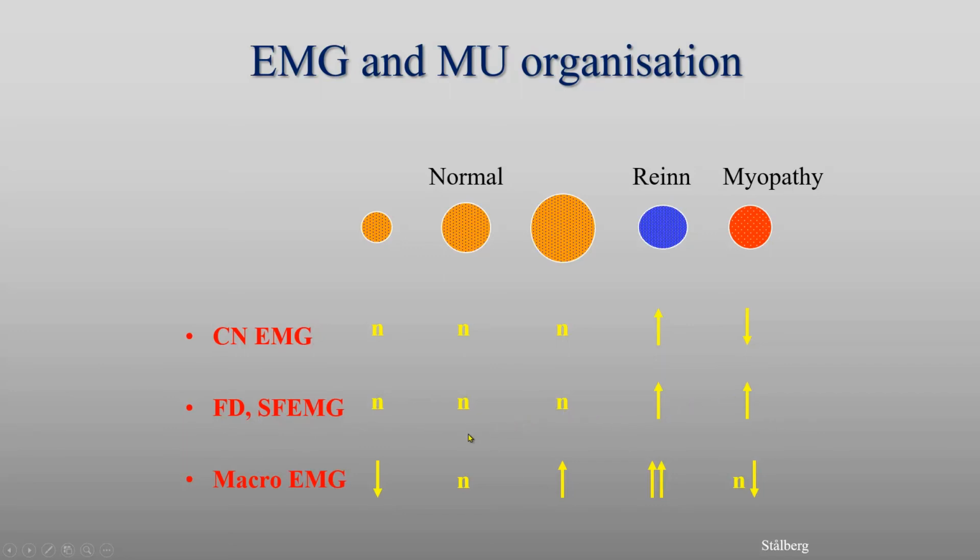And here is now the macro EMG, where the normal small motor units have small macro, moderate size have normal size, and the large normal motor units have large macro EMG. Very large in reinnervation and normal or smallish in myopathy.